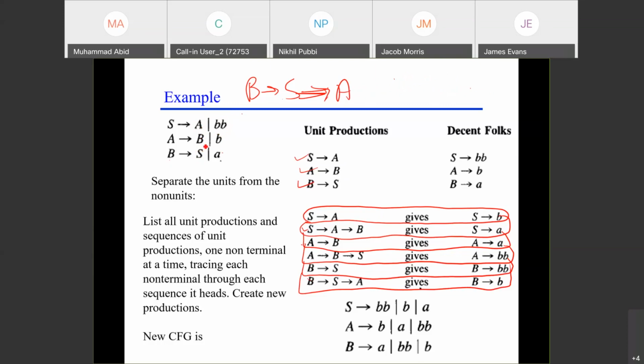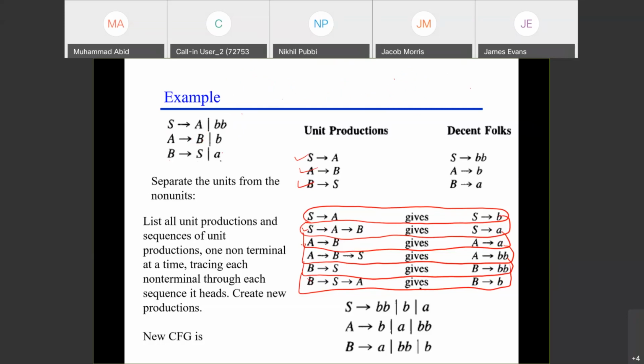B can be replaced by S, S can be replaced by A, A can be replaced by B. But you see that we have the same non-terminal from where we start. So this will give us a loop. We stop this process here. Okay. So now we have the unit productions, and we see that in presence of these unit productions, what are the possibilities you can generate the word. We write all those production rules and all those words.